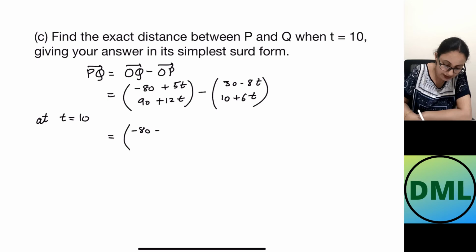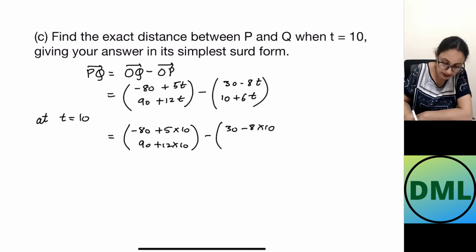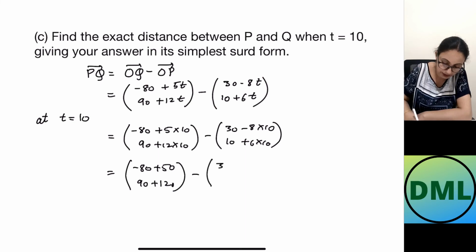So let's substitute the value here. That will be minus 80 plus 5 times 10, 90 plus 12 times 10, minus of 30 minus 8 times 10, 10 plus 6 times 10. If I solve it, that will be minus 80 plus 50, 90 plus 120, minus of 30 minus 80 and 10 plus 60.